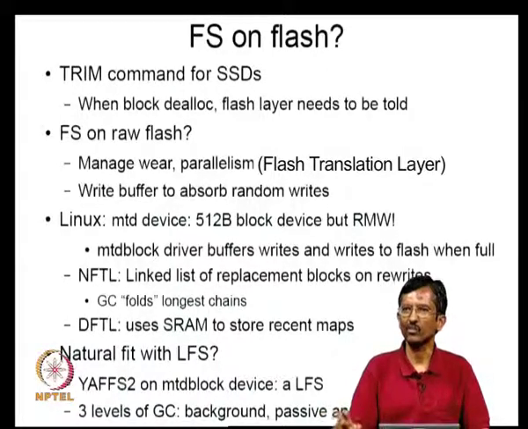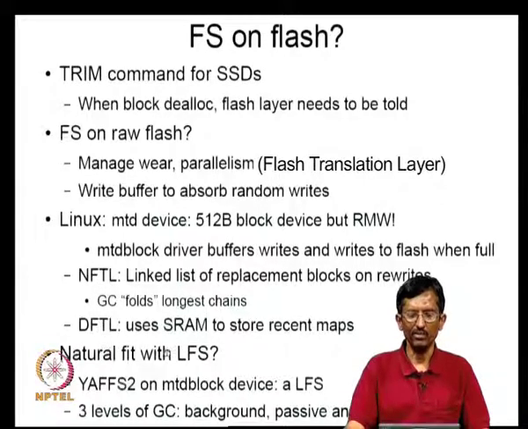The primary block is the original value, and then you have its updates. Once the chain crosses a certain size, garbage collection comes in and cleans out all those things again. Something simple like that has been done in NFTL.